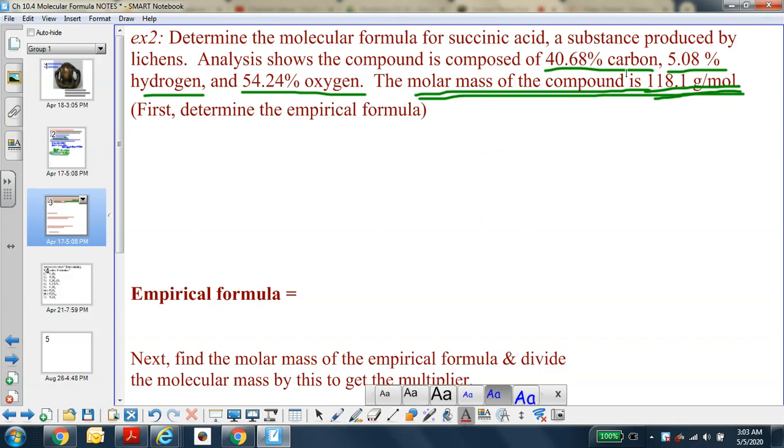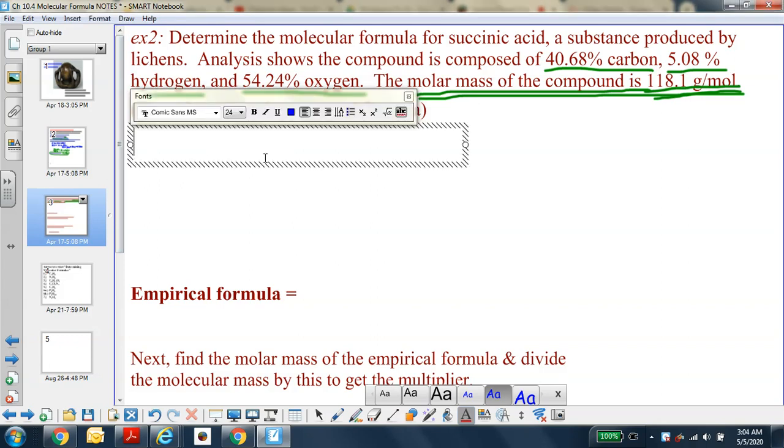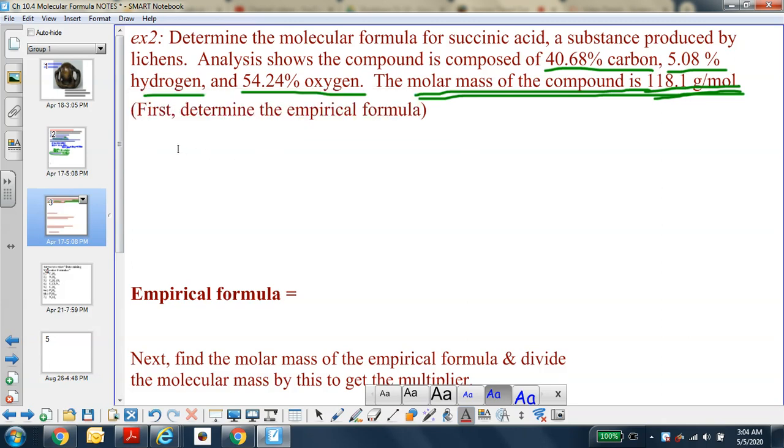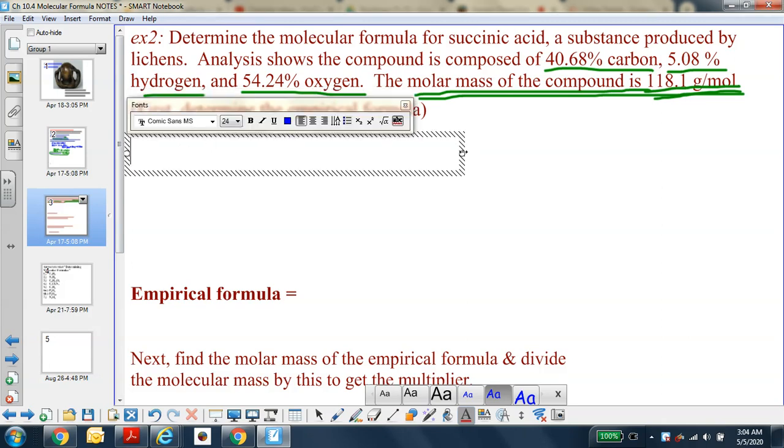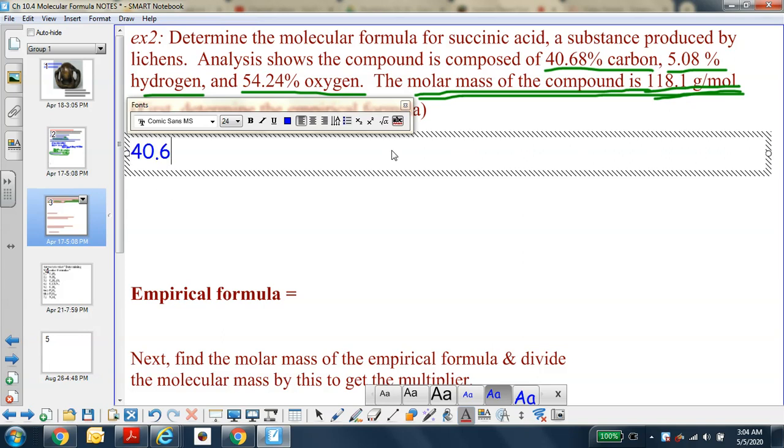So I have three elements, carbon, hydrogen, and oxygen. They are given in percentages. Do you remember what to do when you're given a percent? Change it to grams. So that is going to make 40.68 grams of carbon.